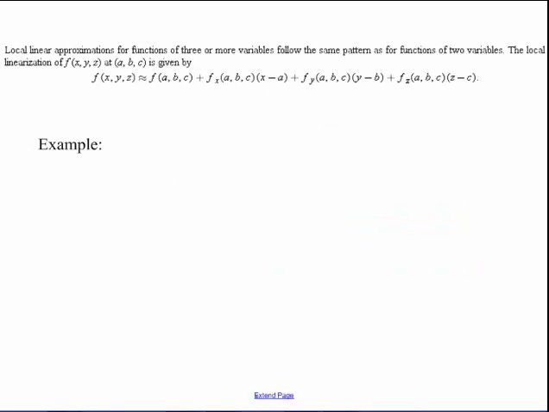So let's now do an example when we're dealing with more than just two independent variables. Let's think about some four-dimensional situation, f of x, y, z equals x squared plus xy plus z.